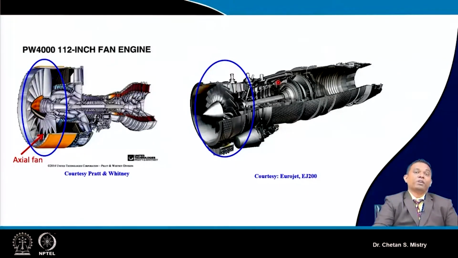So not only for aero engines is this transonic flow nature coming. Nowadays with the development of technologies and the expectation in the sense of power generation, many land-based power plants are also having a transonic kind of configuration for the compressor.